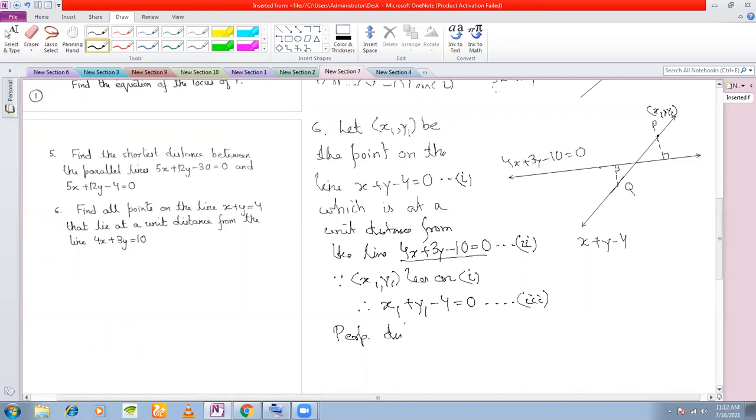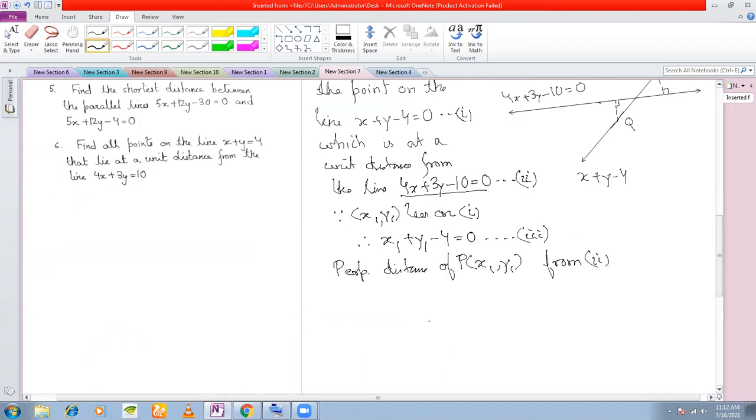Perpendicular distance of x1, y1. Let us call, in the figure I have called this P, from 2. What should be the perpendicular distance? It is equal to plus or minus ax1. Which one is a? A here is 4. B here is 3, B y1.